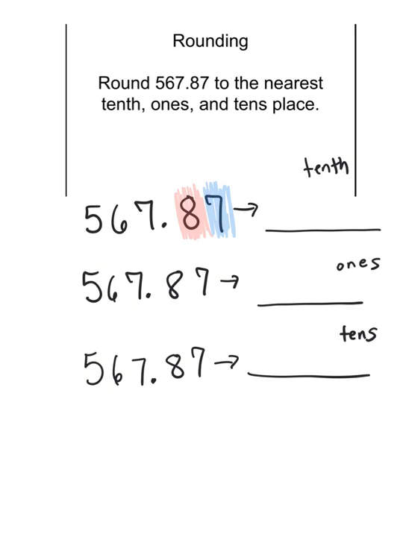Then we're going to locate the digit in the ones place and then use its next door neighbor to help you round. Find the digit in the tens place and use its next door neighbor to help you round. So you guys go ahead and do that one on your own.